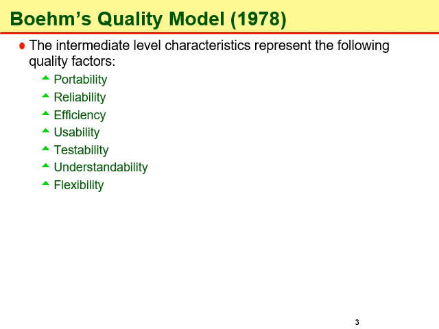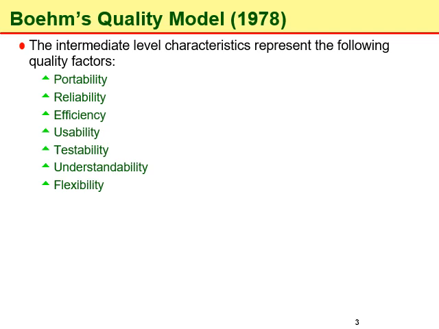Then usability, that is, code possesses the characteristic usability to the extent that it is reliable, efficient, and human engineered. Then testability, that is, the code possesses the characteristic testability to the extent that it facilitates the establishment of some verification criteria and supports evaluation of its performance.